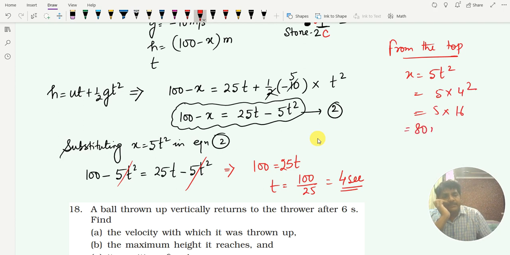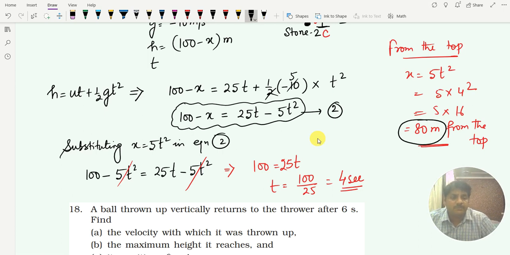So it is 80 meter from the top. So the two stones are meeting after 4 seconds at a distance of 80 meter from the top of the tower. So this is the answer to this question. From the top it is 80 meters. कई books में लिखा हुआ है from the bottom it is 100 minus 80, so it is 20 meter from the bottom, and the time taken is 4 seconds.